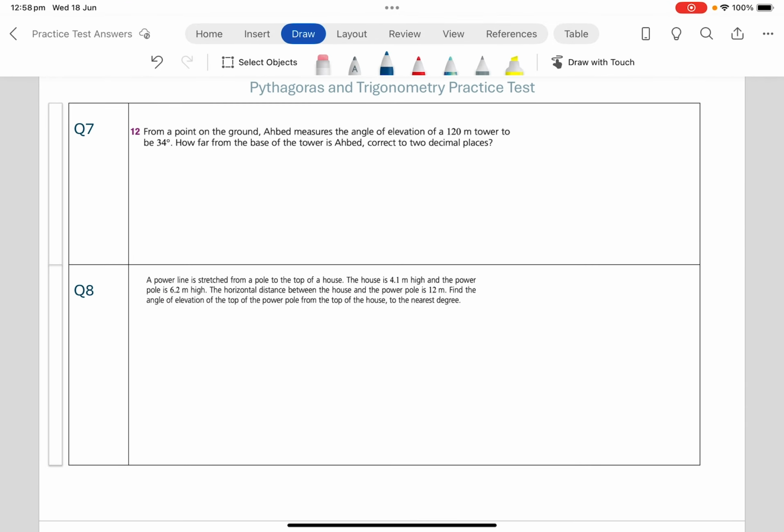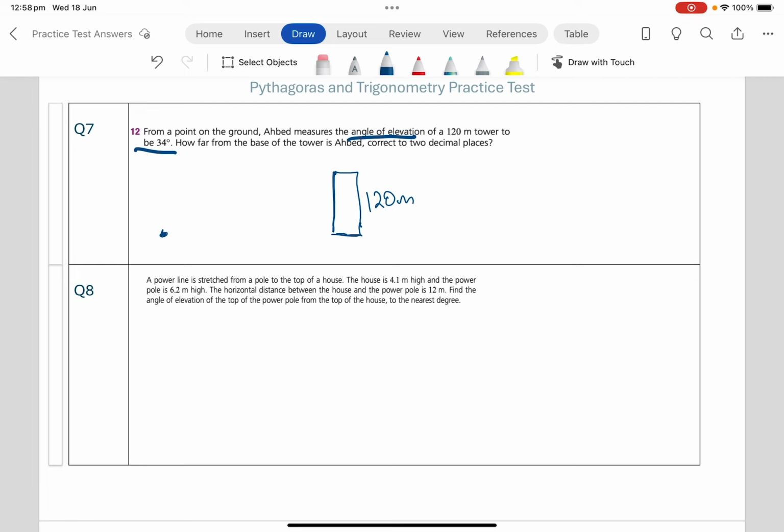All right, this is a big test. Next question. From a point on the ground, Abed measures an angle of elevation of a 120 meter tower. So my tower is 120 meters tall, and the angle of elevation is 34 degrees.